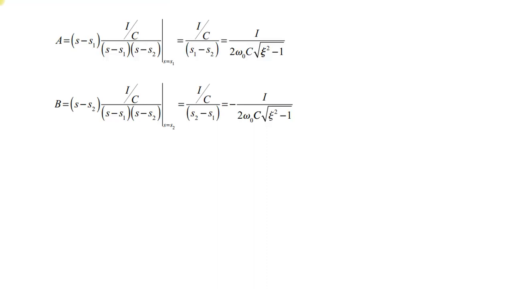Similarly for B it is the same, only the negative sign is present, so simplify it on your own.